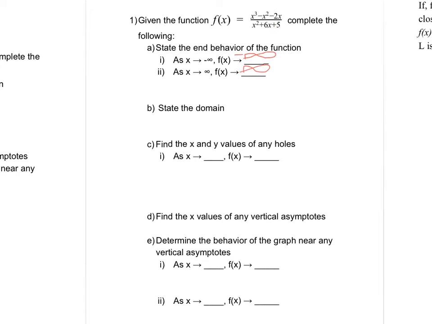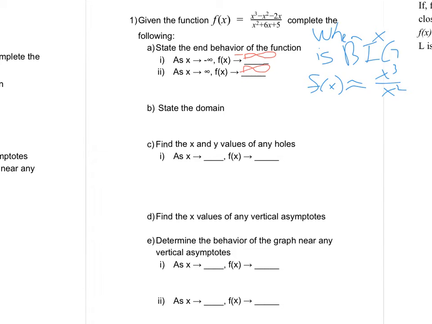So that means what I really have for my function, only when x is big, our function f of x is approximately the same as x cubed over x squared. Just looking at those first terms, ignoring the smaller terms that don't matter relative to the first term when x is big.